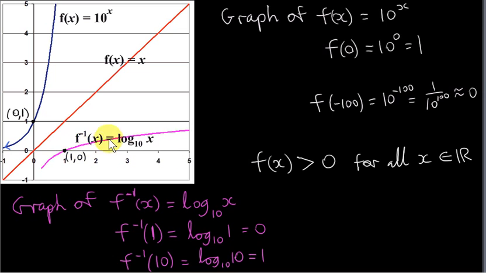Now we can construct the graph of log to the base 10 of x from the graph of 10 to the power of x by reflecting this graph through the line y equals x, or f of x equals x. This line here has a slope of 1. See, it's got the form y equals 1x plus c. C is actually 0.